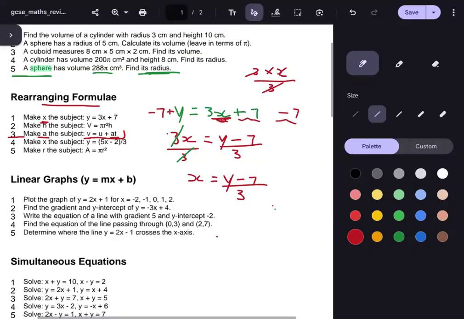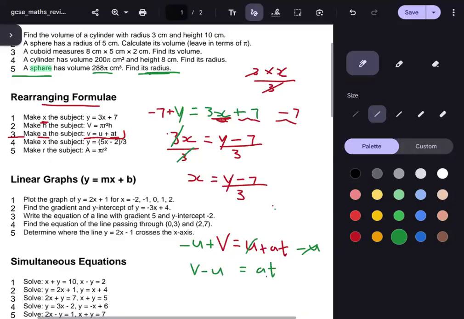Here, we'll subtract the u. So the first step is v is equal to u plus at. We're going to subtract u from both sides. And remember, the v is positive, right? Then when we do that, u minus u is basically 0. So we're left with at, and that is equal to v minus u, or u minus u plus v.